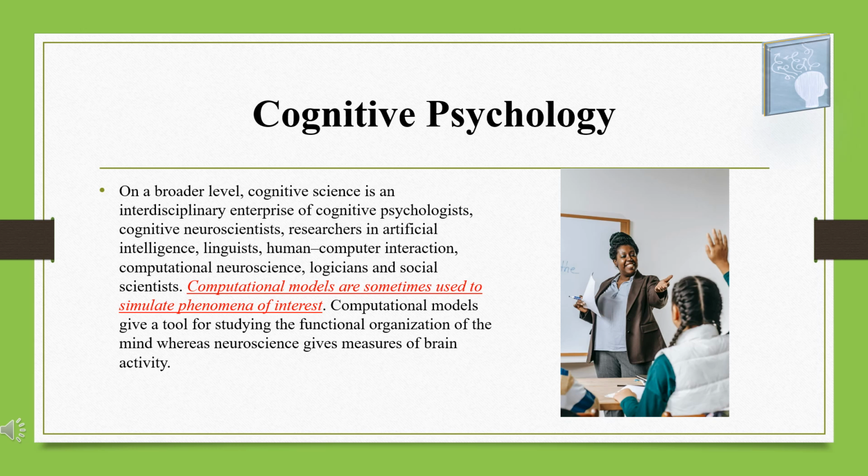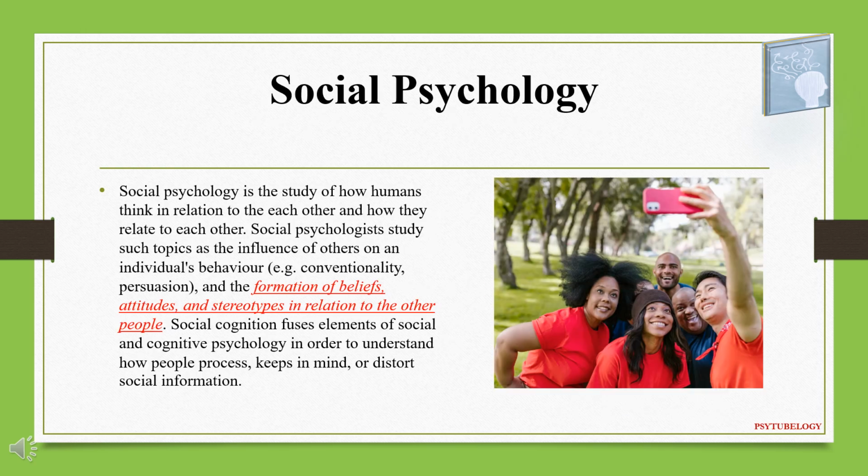Computational models are sometimes used to simulate phenomena of interest. Computational models give a tool for studying the functional organization of the mind, whereas neuroscience gives measures of brain activity.